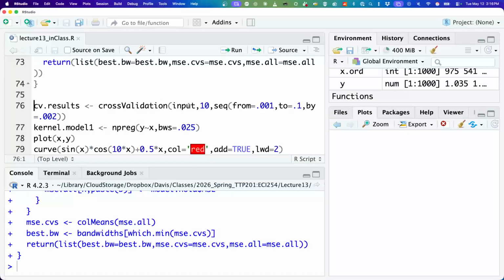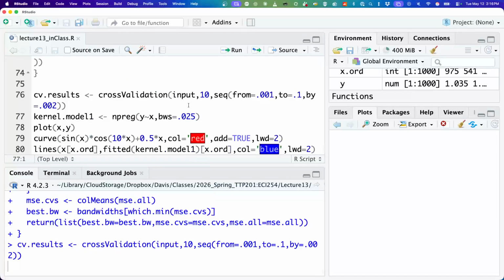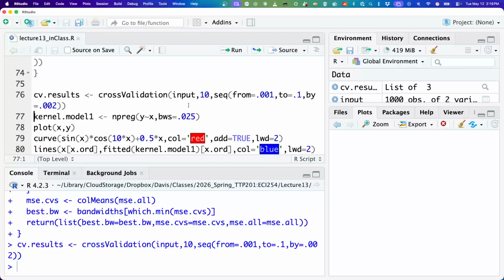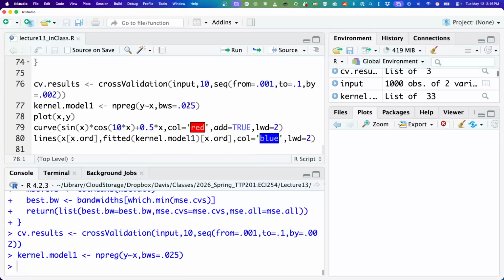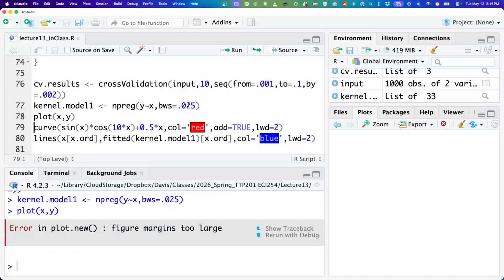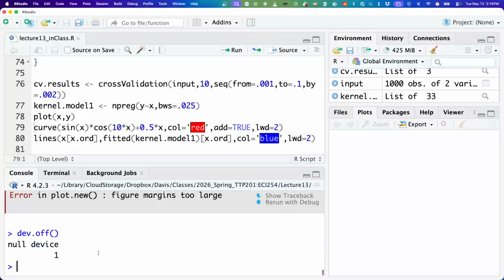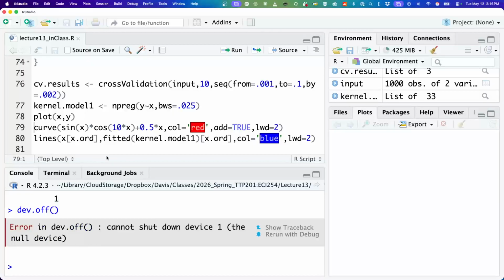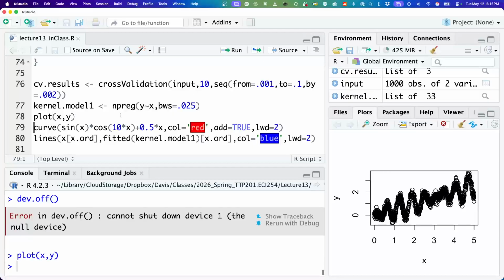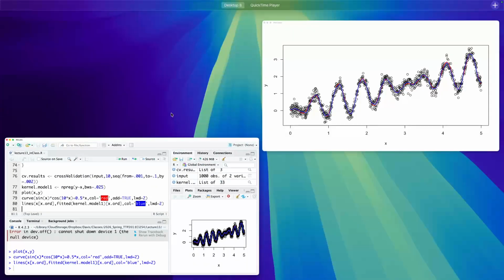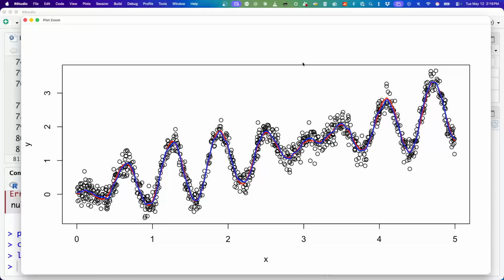So I'll leave this code as reference so you can see explicitly how we do this. We arrive at our best CV result, and as per our validation procedure, this is kind of the best that we can do.